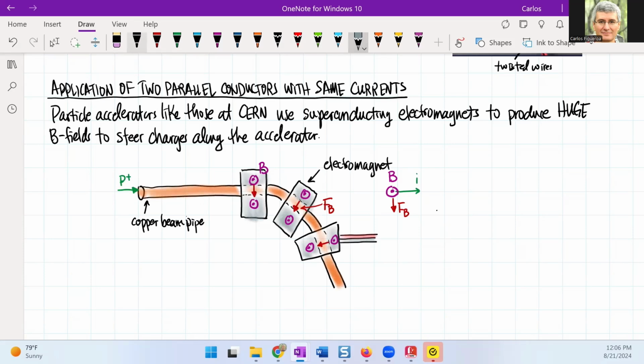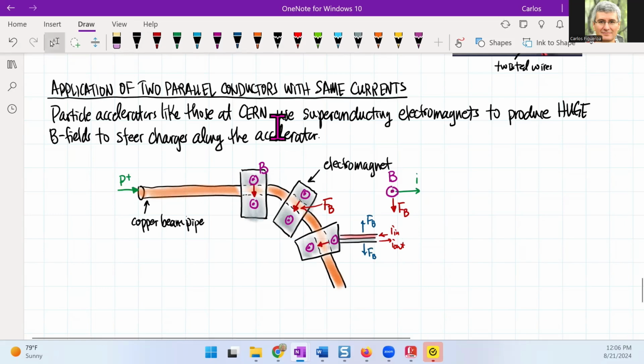We want the current coming in, and we want the current coming out. And of course, there's twisting that goes on here. You can also see that there's going to be an enormous magnetic force between these two wires here. So now let's look at what these electromagnets look like. They're not wires, they're literally cables or conductors, if you want to talk about that.